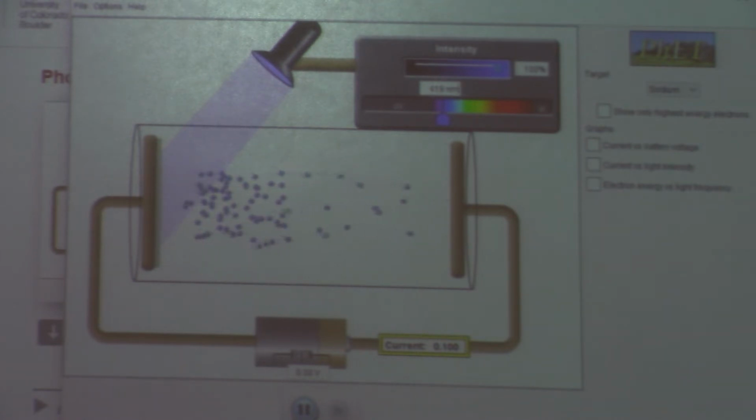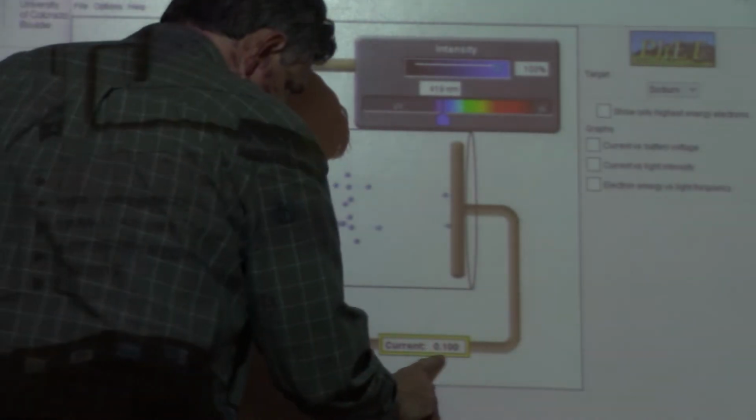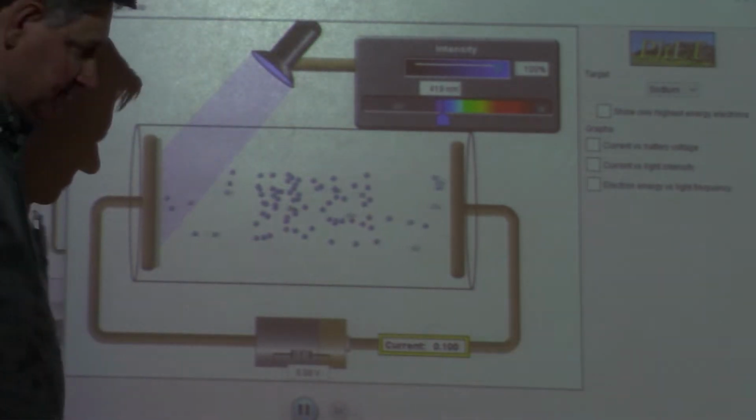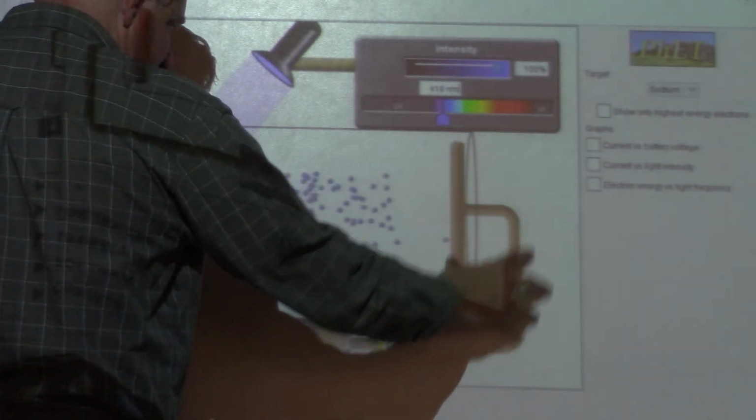So what you need to record on number 12 is this current right here, 0.1 amps. This is the current that's flowing through here.